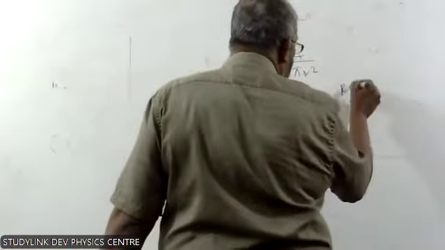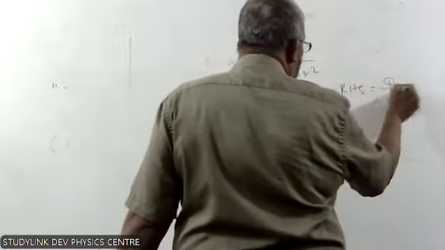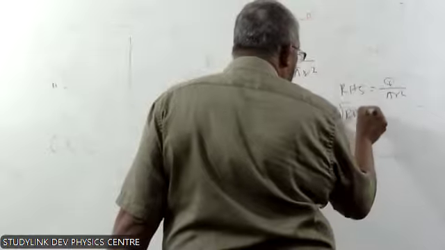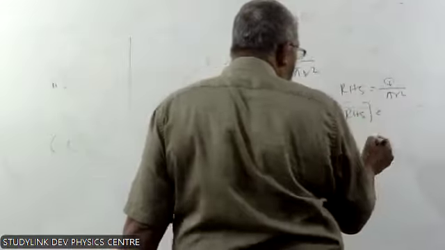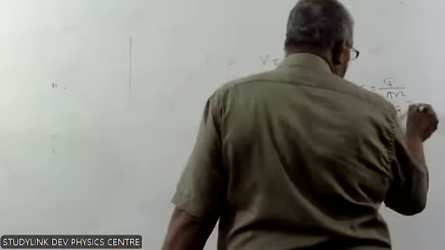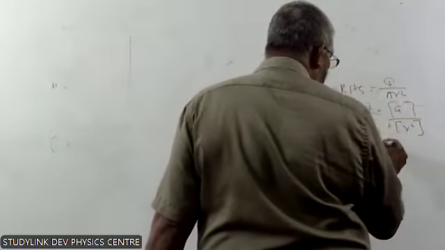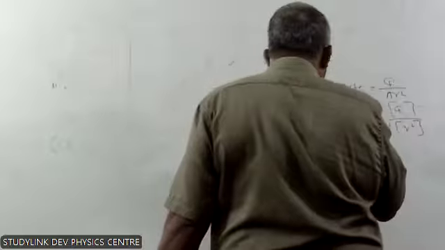On the right hand side, Q over pi r squared, pi is not needed, so we need the dimensions of Q divided by the dimensions of r squared.